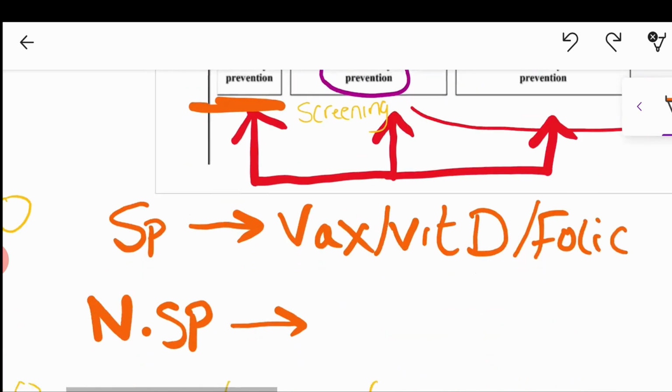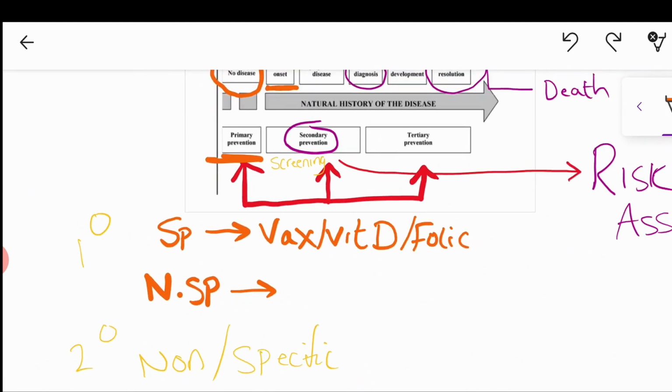Primary prevention is basically measures we can take to promote health and prevent illness. You can have specific and non-specific. Specific being vaccinations, vitamin D, folic acid. Non-specific can be prophylactic exams.